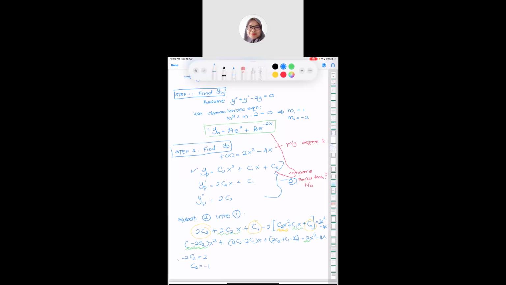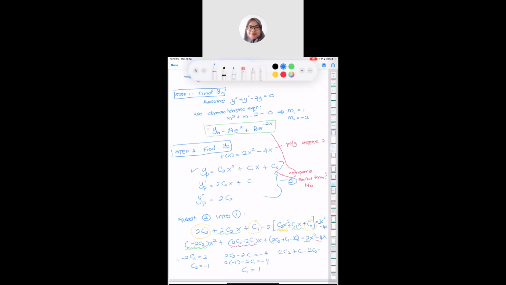Okay, and then compare untuk X. Okay, so we have X kat sini, 2C2 minus 2C1 equal to negative 4. C2 kita ada, tolak 2C1 equal to negative 4. Okay, what is our C1? Negative 4 plus 2, negative 2 bahagi negative 2, kita akan dapat 1. Betul eh?